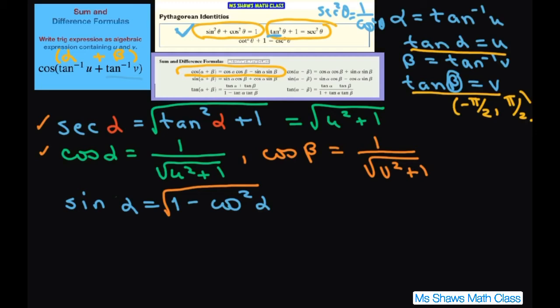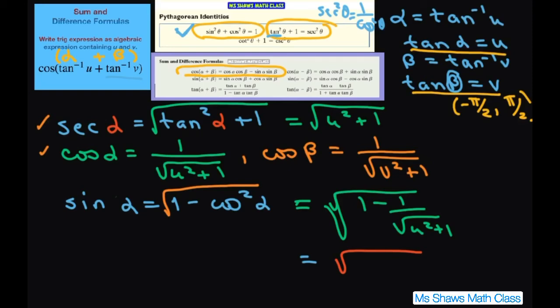So now all I have to do is write this as square root of 1 minus 1 divided by square root of u squared plus 1. Okay, we're going to simplify this.